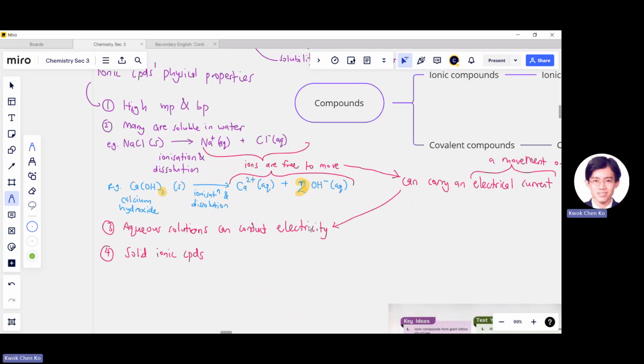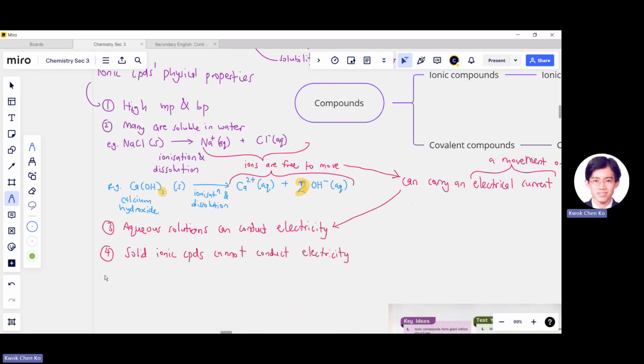All right, so I want everyone to be really clear. As a solid, they cannot do so. Once they are dissolved in water, yes, they can. Salt water can conduct electricity.